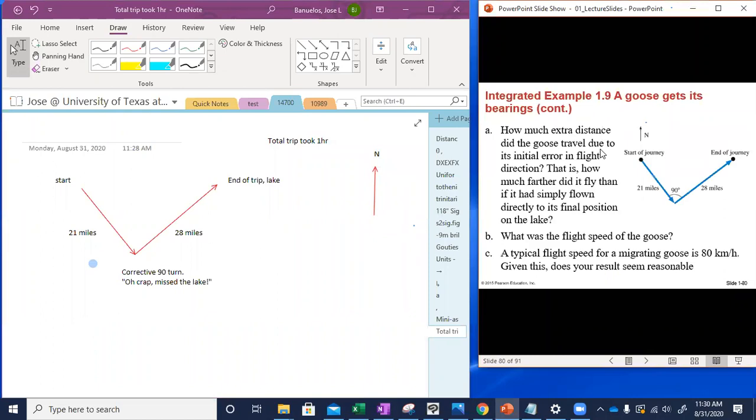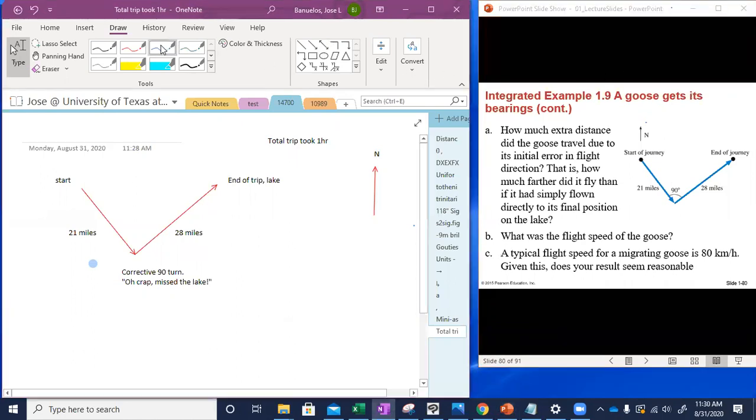In this problem, in part A, they want to know how much extra distance did the goose travel due to the initial error in flight direction? So how much farther did it fly than if it had simply flown directly to its final position on the lake?